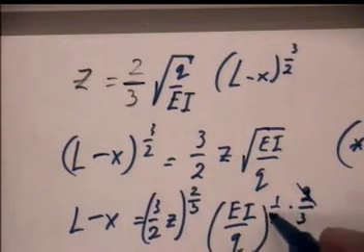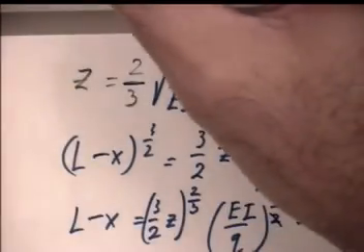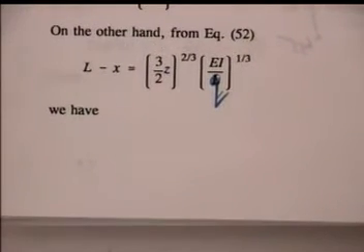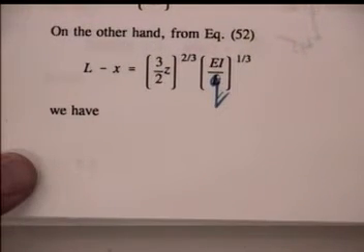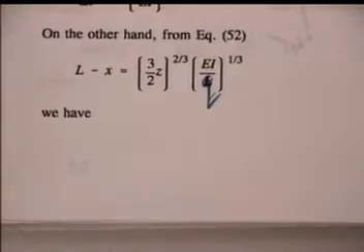So 2/3, 2 and 2 are gone, will be 1/3. So that is this. So we get this expression that we have here. L minus x equals 3/2 z in power 2/3 multiplied by EI over Q in power 1/3. Okay?